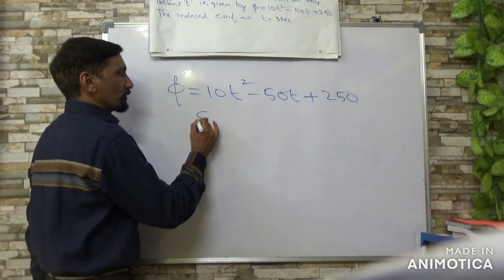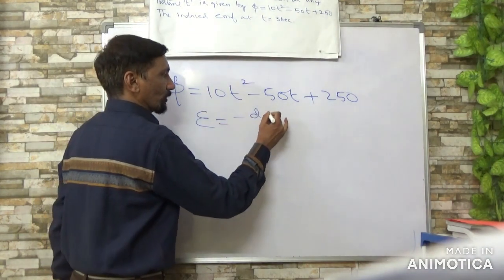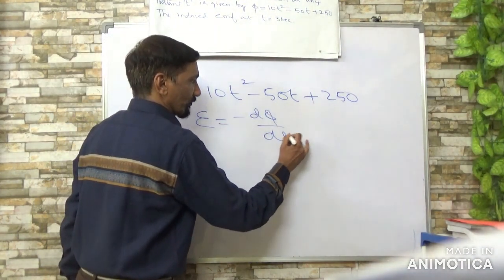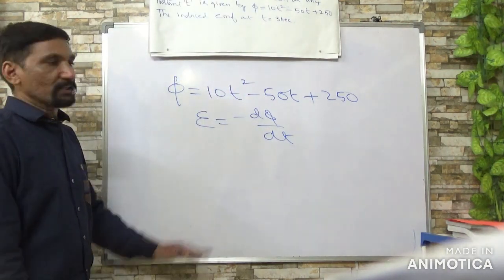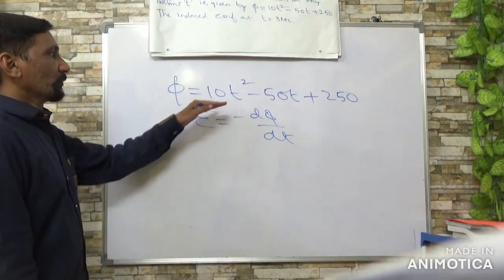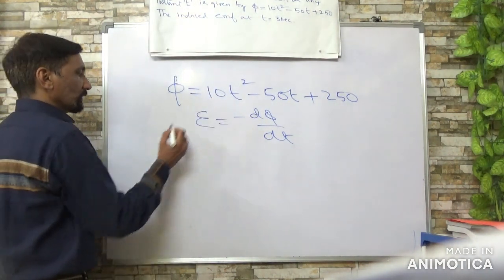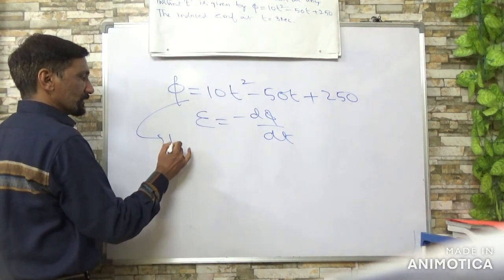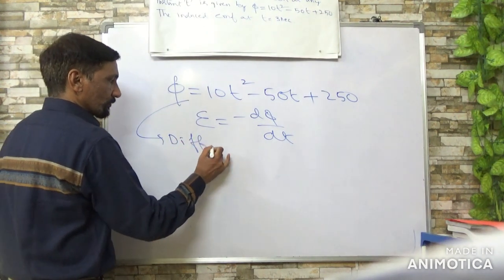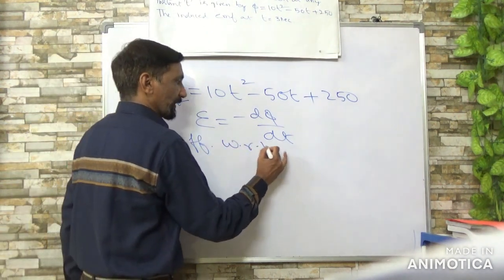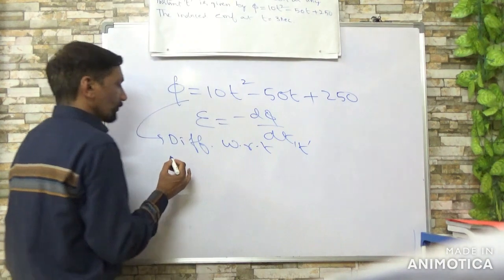Induced EMF is always equal to the rate of change of flux with opposite sign. So whenever this is differentiated, you get EMF. So differentiating this function with respect to t.